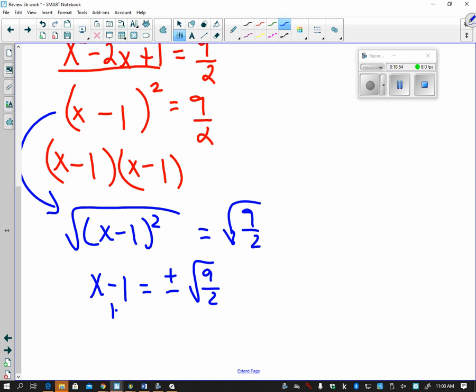Okay, and then add 1. So x equals 1 plus or minus the square root of 9/2. What they do with 9/2 is they simplify that. So what do they wind up with there? They wind up with 3. Hold on. What do they do there? I made that a lot more complicated.